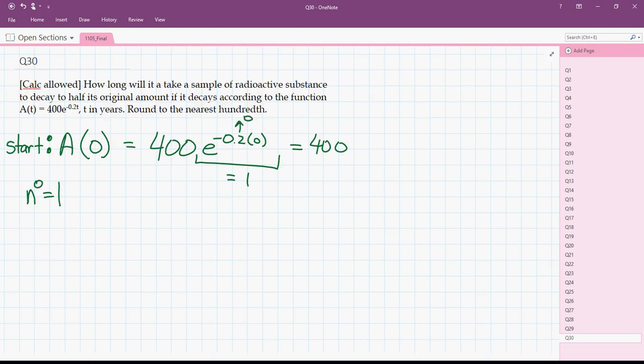Then we're interested in how long it takes to get to half as much. So half of our starting value would be half of 400, so that would equal 200. Now we actually have an amount, and we're going to set it equal to our equation to find time.